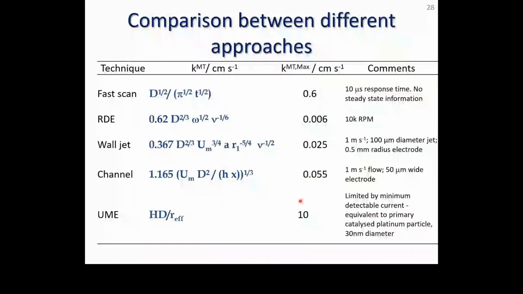Ultra micro electrodes are probably the next most common method that's used, although it's somewhat limited in the sort of things that we can do. And in between, we have these two processes, wall jet and channel flow. The benefit of both of these processes is it's very easy to change the electrolyte that's flowing over your electrode, which is much more difficult in the other processes.